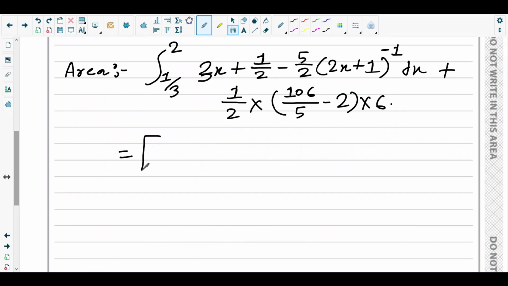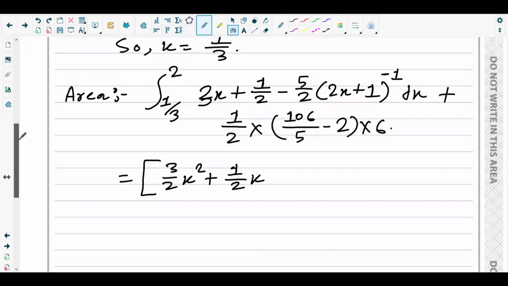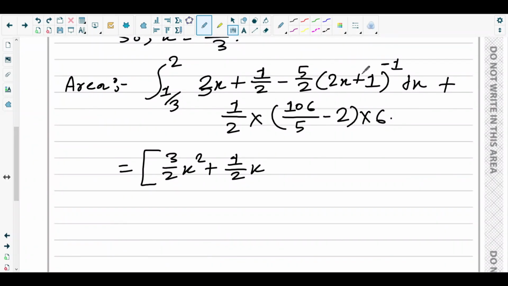The integration: this is 3 over 2 x squared plus half x. Just integrating, a simple process. Integration of (2x plus 1) inverse is what? Whenever the power is -1, we take ln of 2x plus 1, and then use the reverse chain rule.